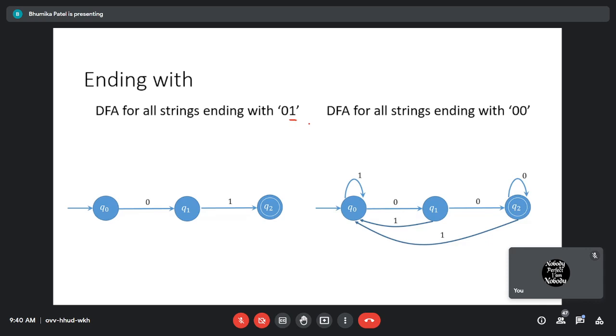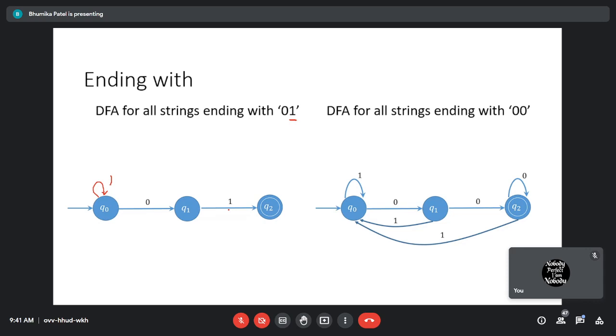Now what do I do? My string should end with 0 1. Can I take a self loop on Q2 for 1? Can I take 1 here? Okay, any number of ones are allowed initially, but it will always end with 0 1. Clear?